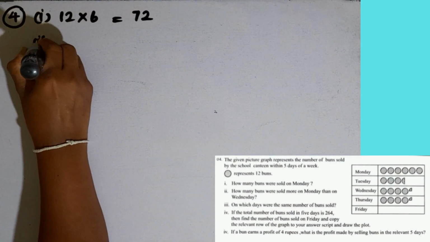Part 2. How many buns were sold more on Monday than on Wednesday? Wednesday we have 4 and a quarter circles. 4 circles represent 12 times 4, which is 48.